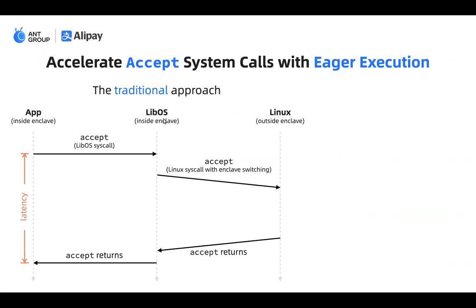So the traditional way to implement this accept system call in LibOS is shown in this diagram. The trusted app inside the enclave will do a LibOS system call to submit the accept syscall.